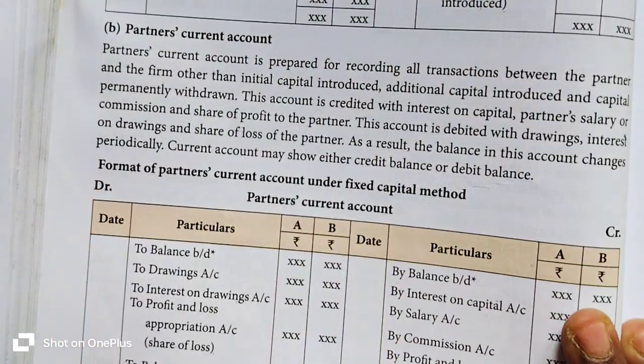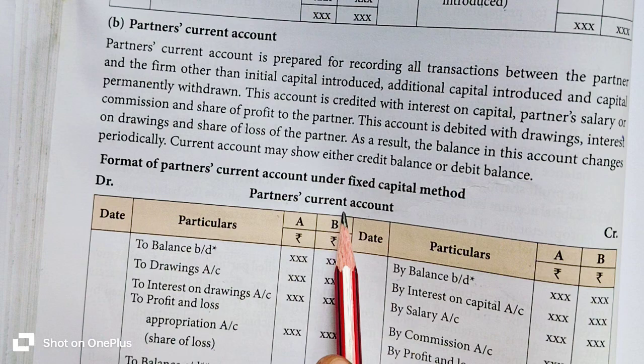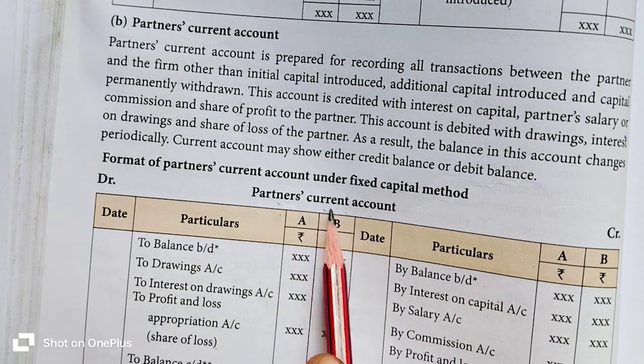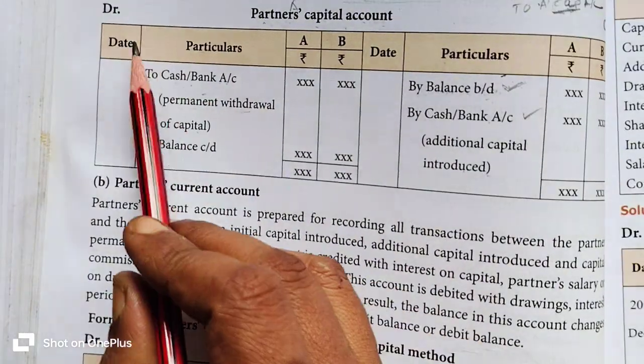And the second one is the partners' current account. Under the fixed capital method, the second account we have to write is the partners' current account. What is the format? The same ledger format as the partners' capital account.